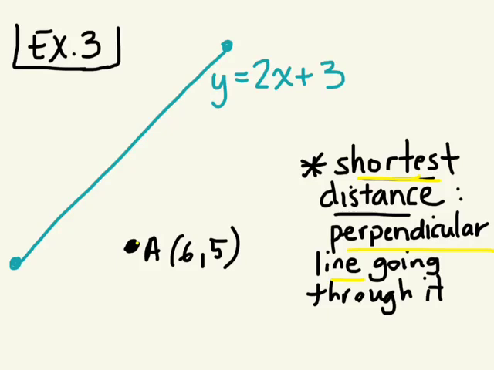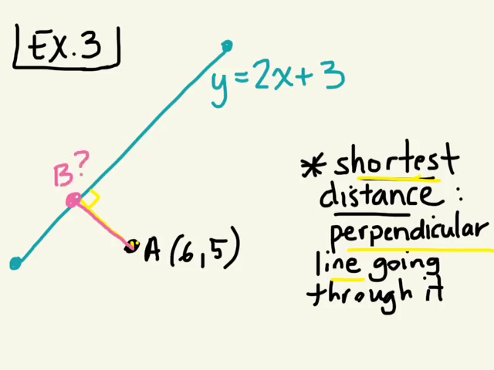If you think about it, if I draw a line from here to here, that's a pretty far distance, right? From A to that yellow dot. The shortest distance would be a line drawn through it that's perpendicular. So from A, we have to figure out where this point is.